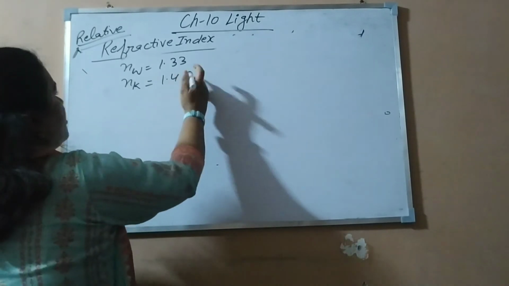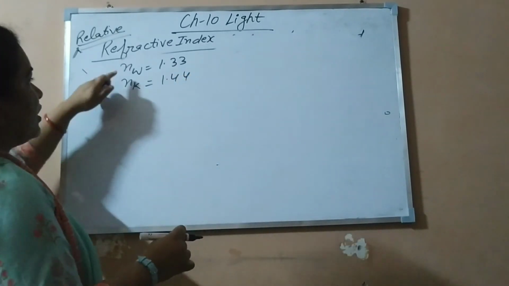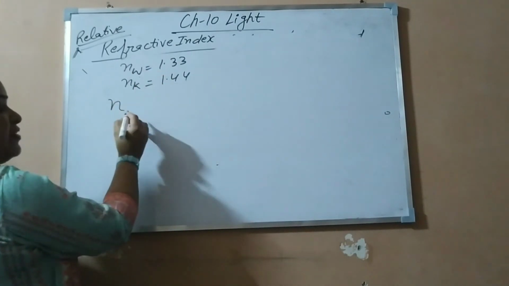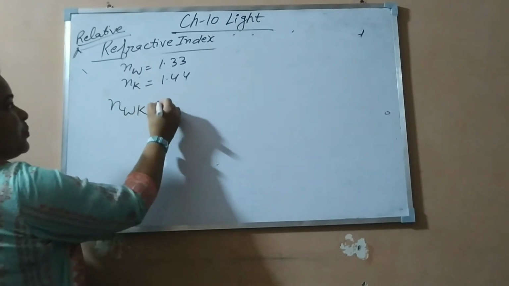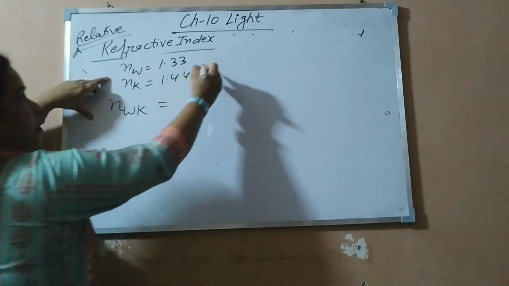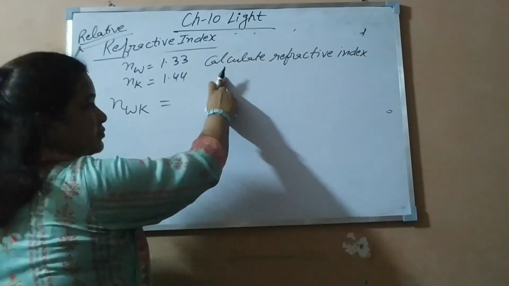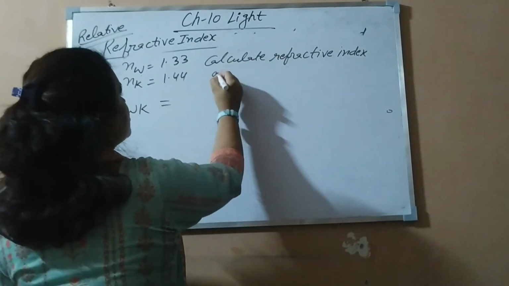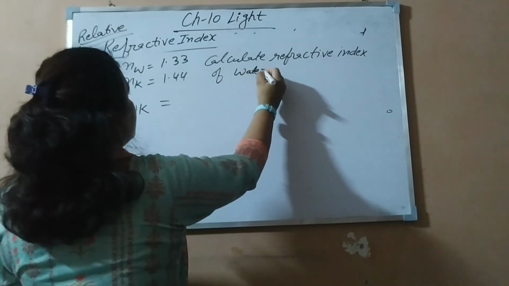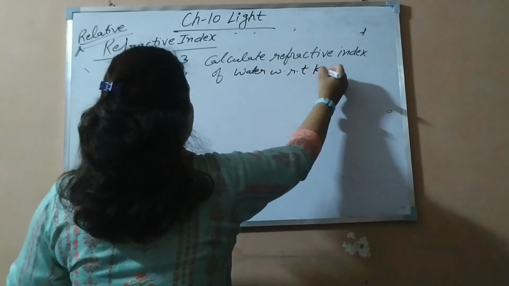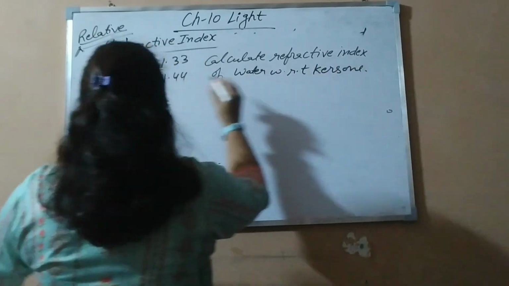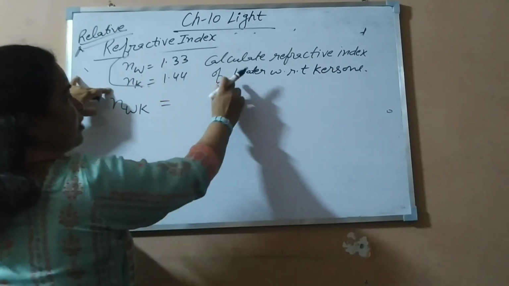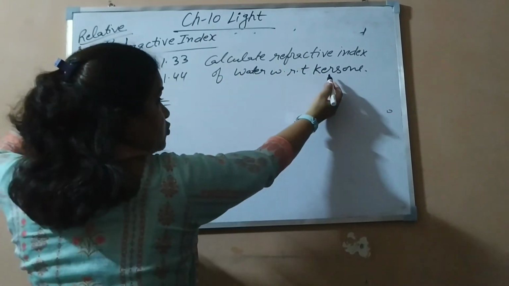Now we want to calculate the refractive index of water with respect to kerosene. Absolute refractive index values of water and kerosene are given, and we have to calculate the refractive index of water with respect to kerosene.